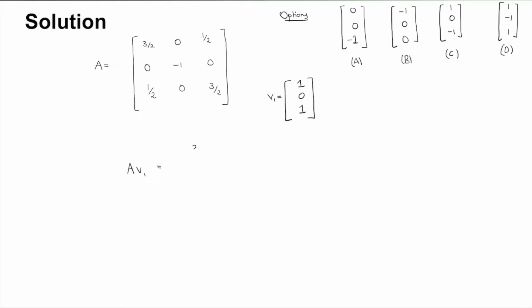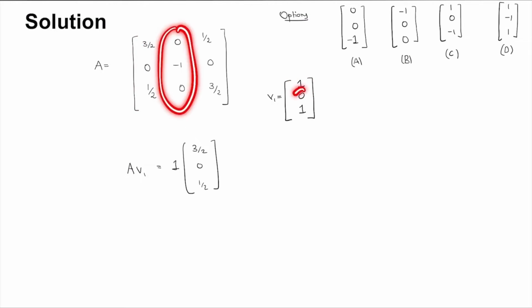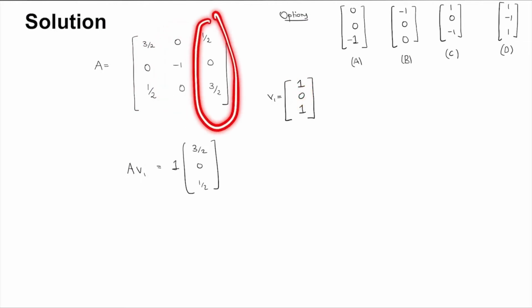The multiplication action is 3 by 2, 0, half times the first element. It's basically first column times first element plus second column times second element plus third column times third element. That's the matrix vector multiplication operation.